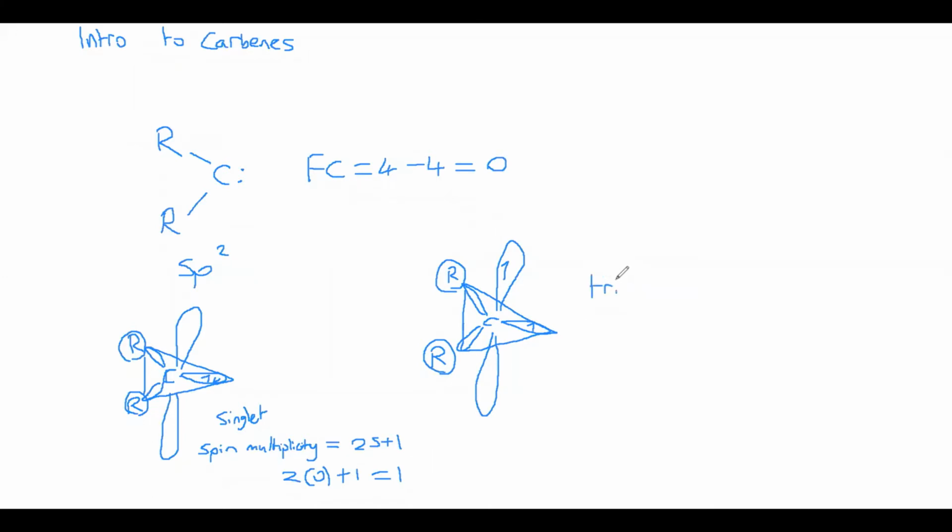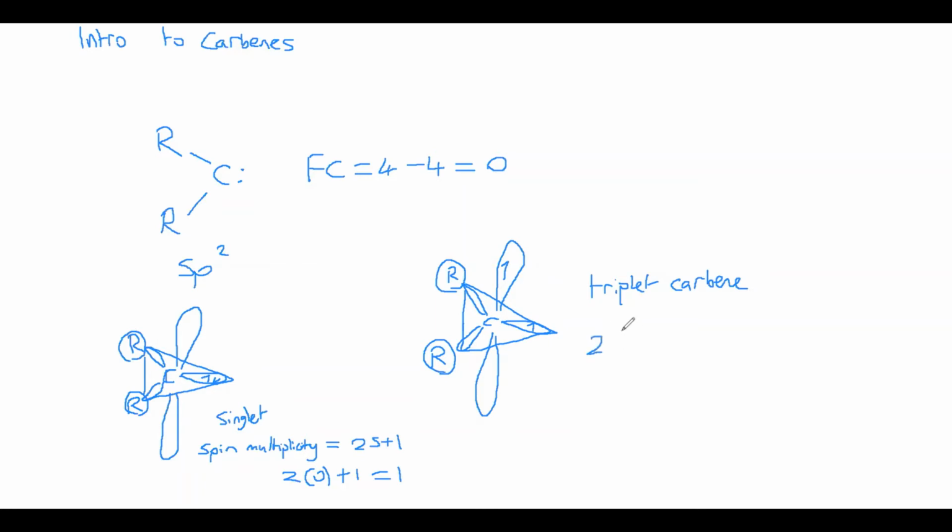Now this is known as the triplet carbene and mainly appears in gas-based reactions. We'll go through an example of the type of reactions that these triplet carbenes and singlet carbenes undergo to see what different products they might give based off this difference here in the electronic structure.